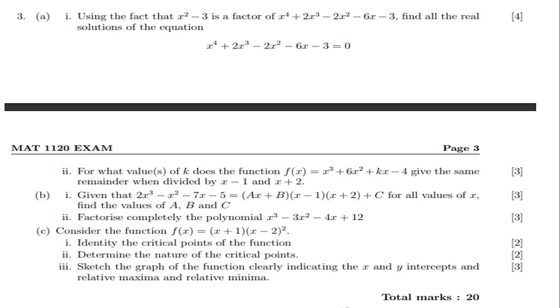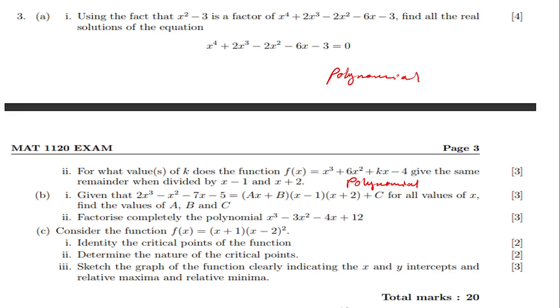The first question is A, then we have B, and then we have C. Personally, when I'm solving an exam question, the first thing that I do is to identify the topics, so that I can switch my mind. So this is polynomial. Once I write polynomial, my mind has already gone to polynomial. This one is polynomial.